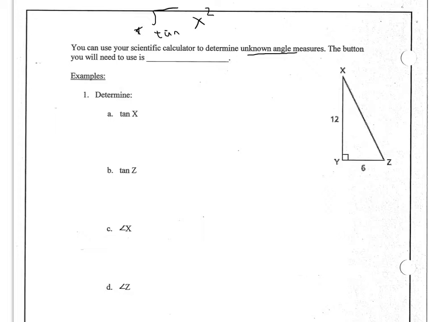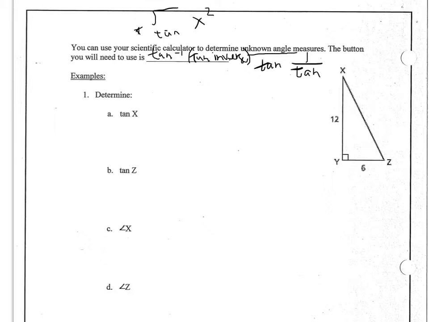The button you will need to use is tan to the -1, which is the same as tan inverse. Inverse just means the opposite of something. So instead of having tan, we have 1 over tan. That's the tan inverse.